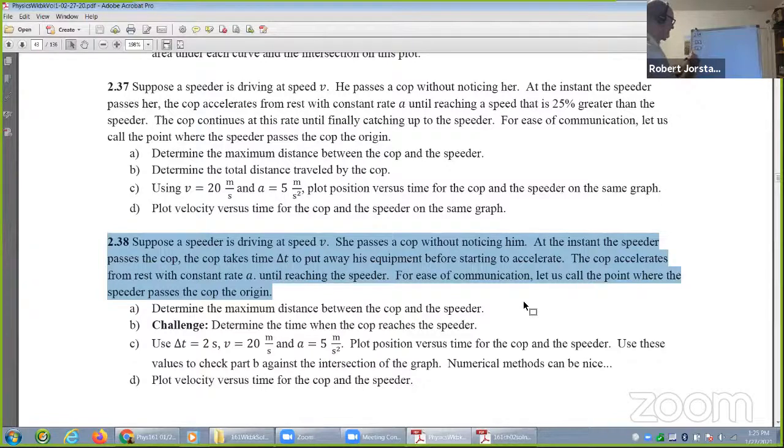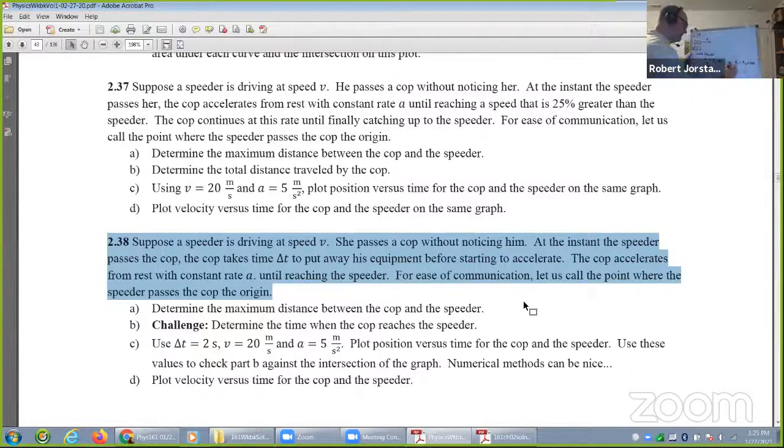Oh, I'm losing it. Okay, so this cop is going, or the speeder's going at constant speed v. We're going to label that one number 1, the cop number 2. This one waits time delta t. We already discussed time 2, or time of the cop, is equal to the time of the speeder minus a little bit, or time 1 is equal to time 2 plus a little bit.